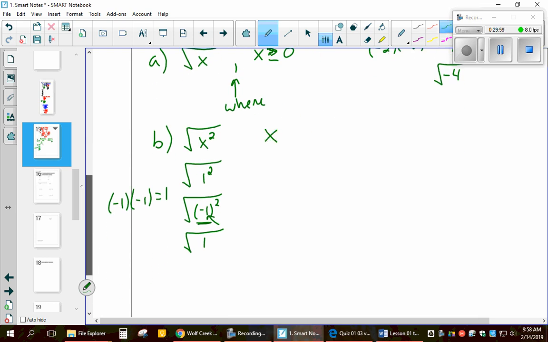So I can say for this one, the restrictions would just be x. And then the way that we say x can be anything is we say x, and then we use that symbol there. It's like x is a member of the real numbers. I showed you that in Math 10, right? So x is a member of the real numbers.